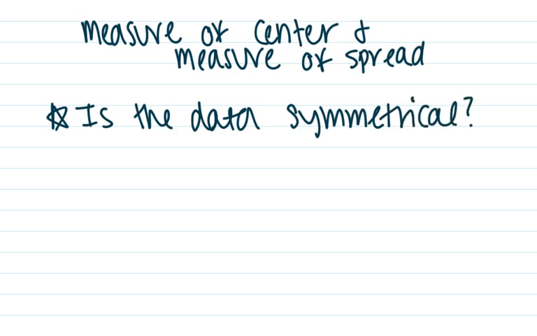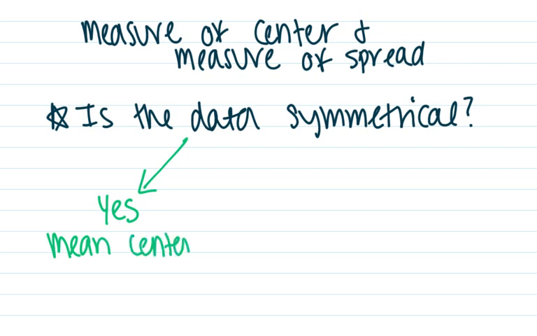If the answer to that question is yes, then you are going to use the mean for the center, and you are going to use the IQR for the spread, because those are going to be the best measurements for that. The reason why is because if everything is nice and pretty and symmetrical and each side of the data looks the same, the mean is going to be with the peak, and the peak is going to be right in the middle, and everything is going to be beautiful, and your mean will be a very accurate representation of where all of your numbers are hanging out.